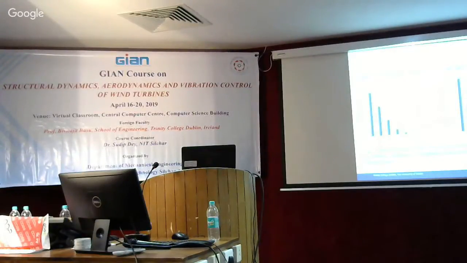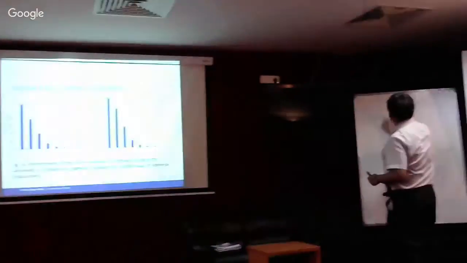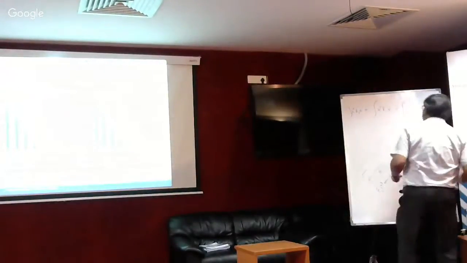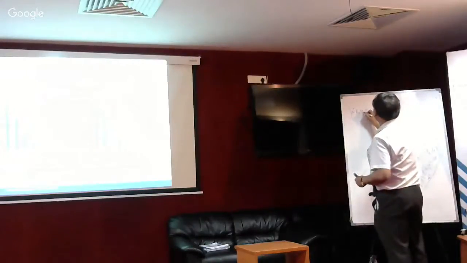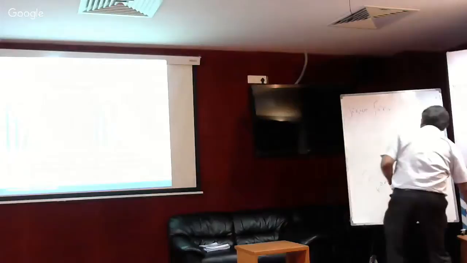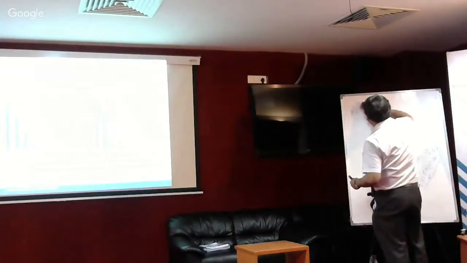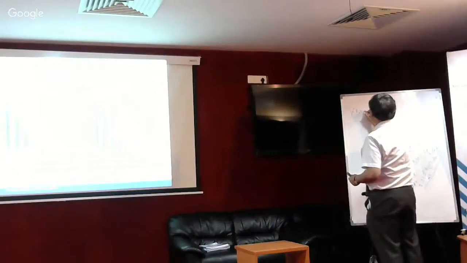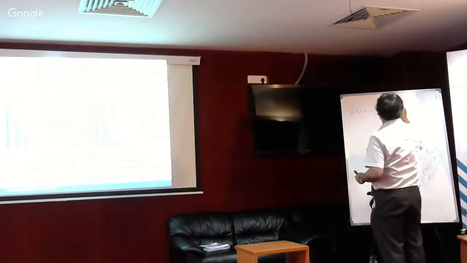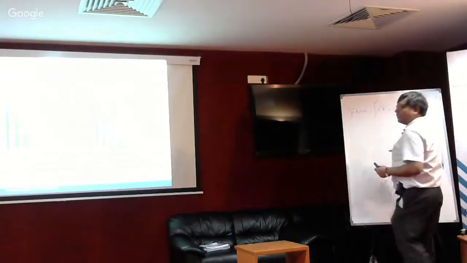There was U transpose R1 U, and then there was also X transpose R2 X, and so this was our functional J.